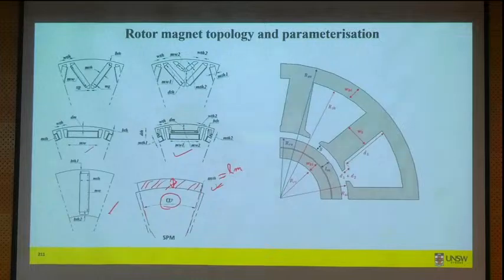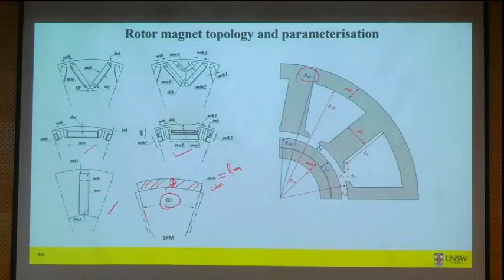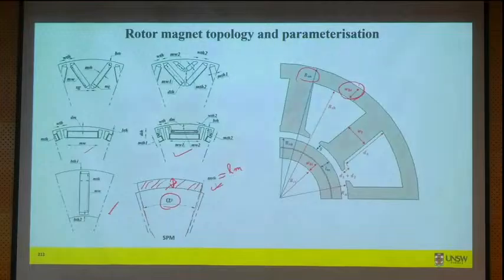Okay. Similarly, for the stator part also we could vary various parameters. This is the outer diameter of the stator. This is yoke width. Remember, the thickness of this can actually vary with pole numbers. So that yoke thickness, tooth width, tooth height, similarly slot width and slot height here.